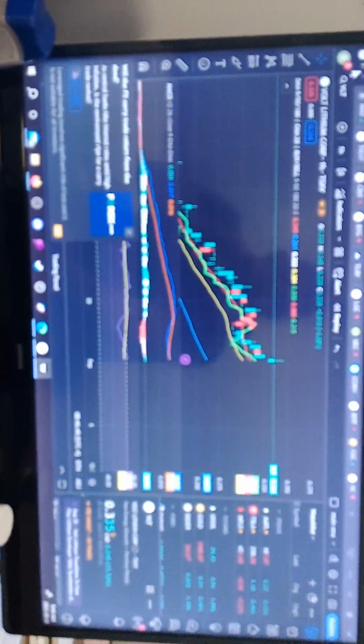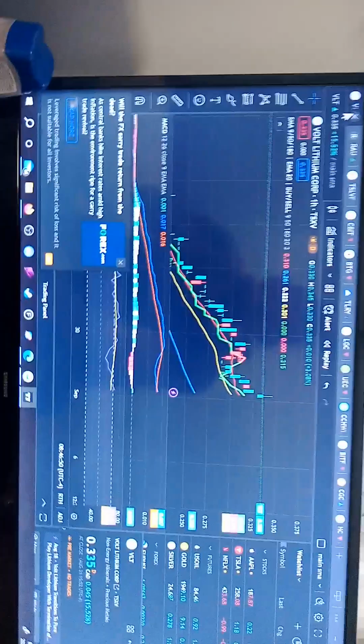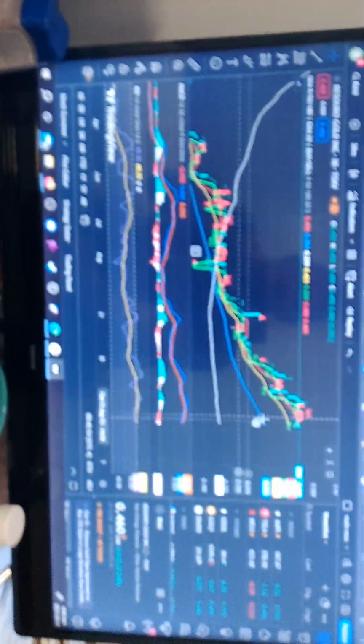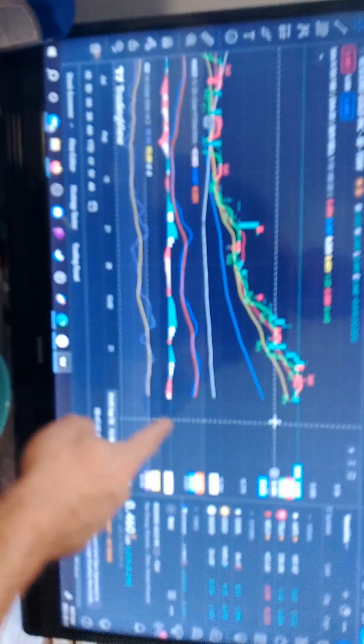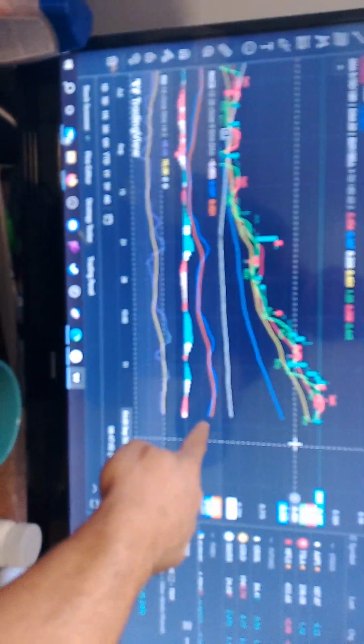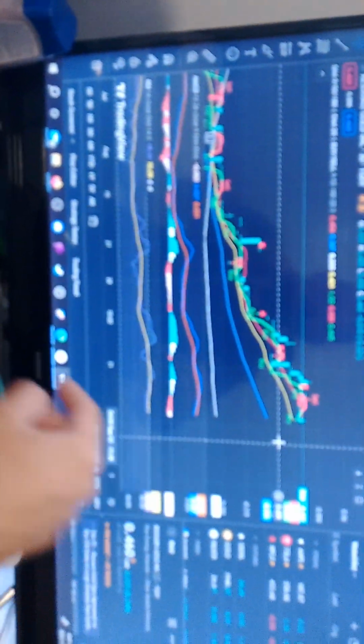This one is Volt Lithium. It's a company I've been trading. This one's got a pretty good setup too. You can see it's way above the 200. I'm just keeping an eye on it. You can see the MACD here looks like it's about to switch, and it'll go green. Sorry, my camera's so shitty.